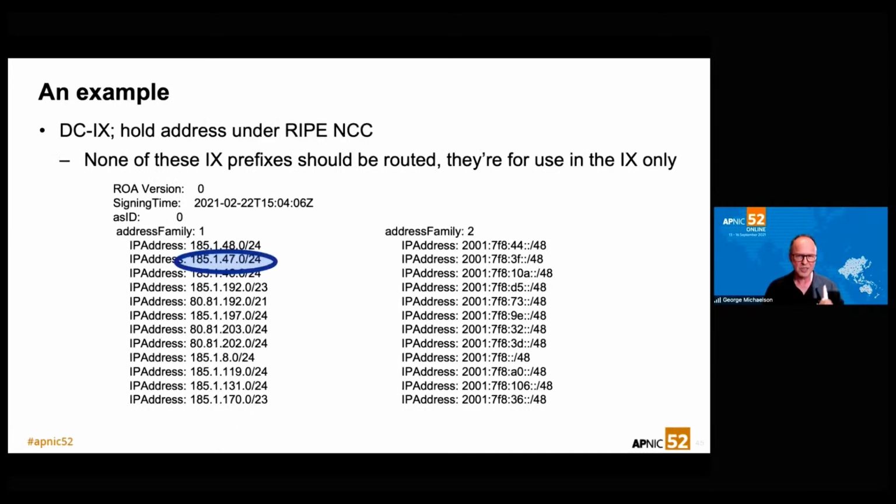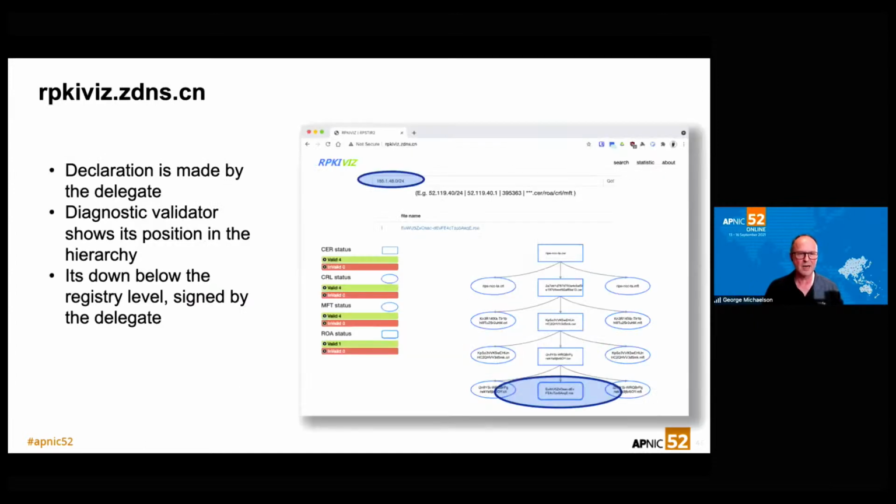So let's consider a single prefix in this and look in a diagnostic tool. I like to use RPKI viz from ZDNS, which has been made by a colleague of mine, Dimar. And here you can see the validity of this AS0 origin and the certificate chain that goes from it all the way up to the trust anchor we operate.